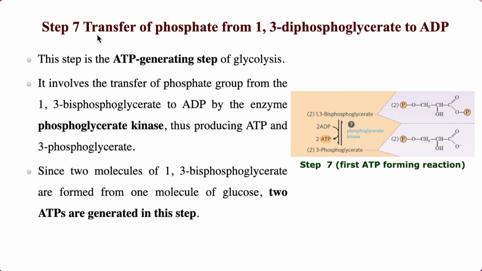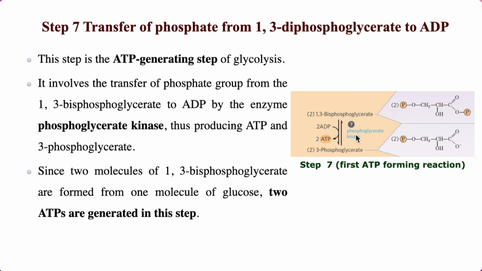And this is the 7th step, the transfer of phosphate from 1,3-bisphosphoglycerate to ADP. It is also an ATP generating step. So the phosphate moves from the 1,3-bisphosphoglycerate to the ADP molecule and it is converted to ATP.